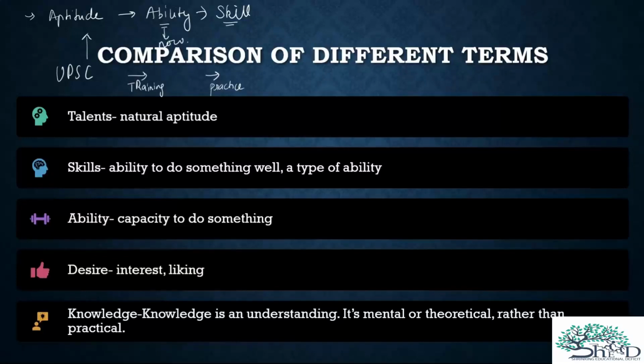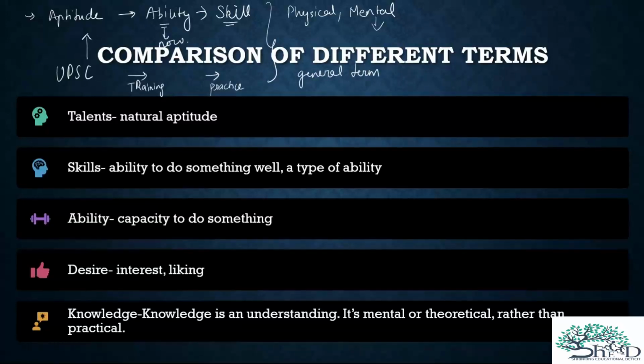aptitude towards skill. Like I just told you, there are many types of aptitude: physical aptitude, mental aptitude. There are different tests for it. By a physical aptitude test, physical ability comes out, and with mental tests, mental ability comes out. Coming back to ability, it's a general term.